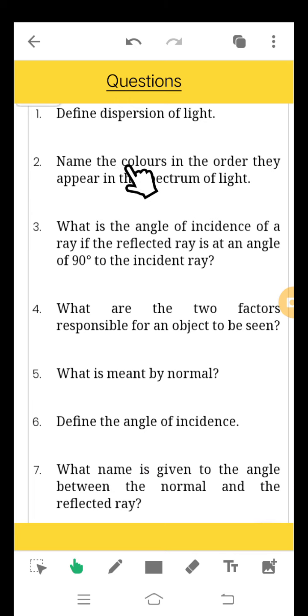Second, name the colors in the order they appear in the spectrum of light. And if you all know, this is commonly called VIBGYOR. What is that VIBGYOR?